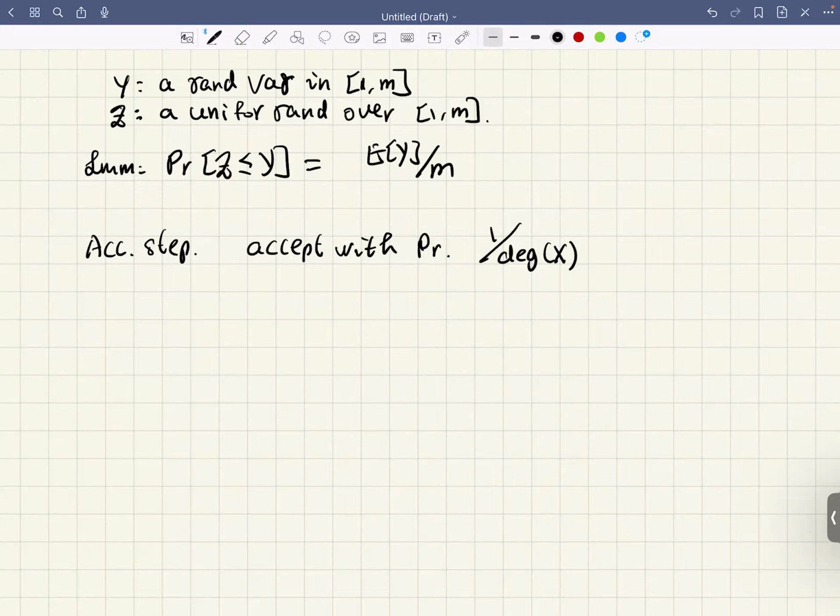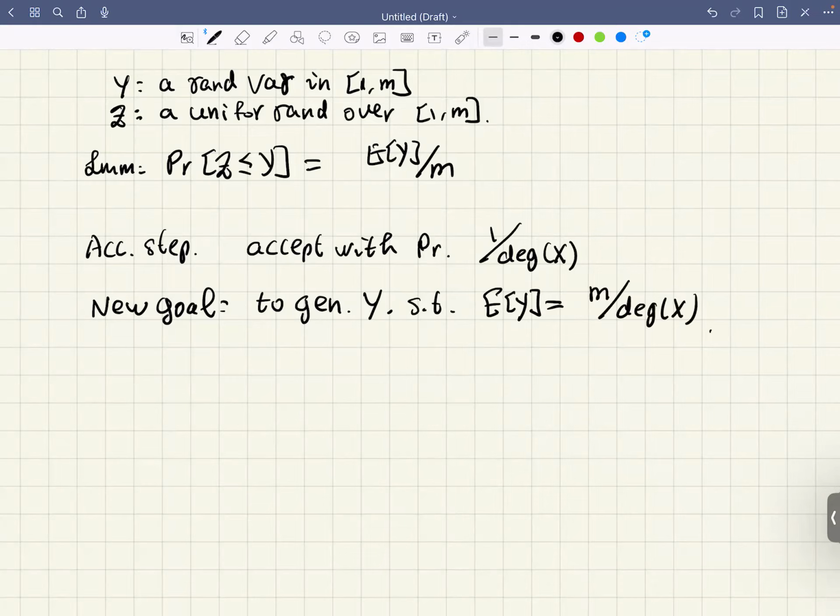So now the new goal here is to generate a random variable y such that the expectation of y is equivalent to m over degree x.